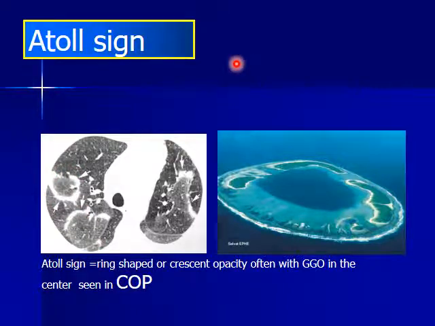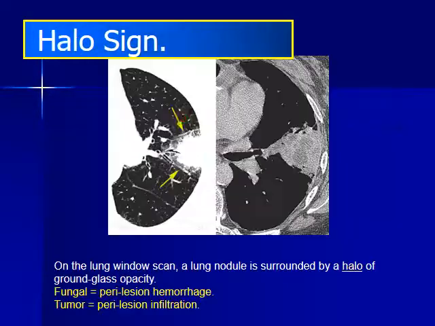This is called atoll sign. The first time this sign was described was in cryptogenic organizing pneumonia, but again, it is not that specific. It can be seen in many diseases, including coronavirus.